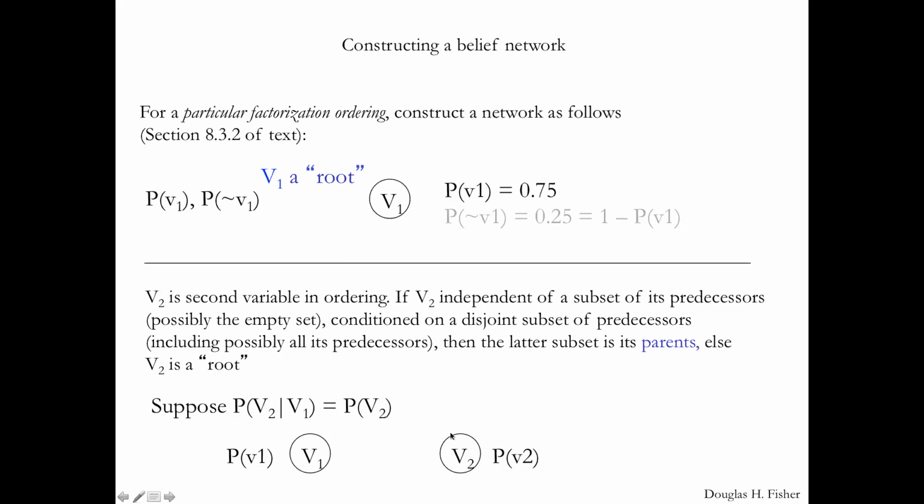And the algorithm for constructing the network would consider both those possibilities. The first possibility it would consider is V2 independent of V1.